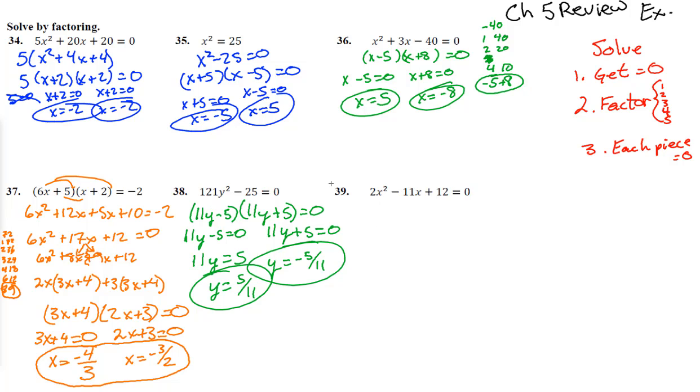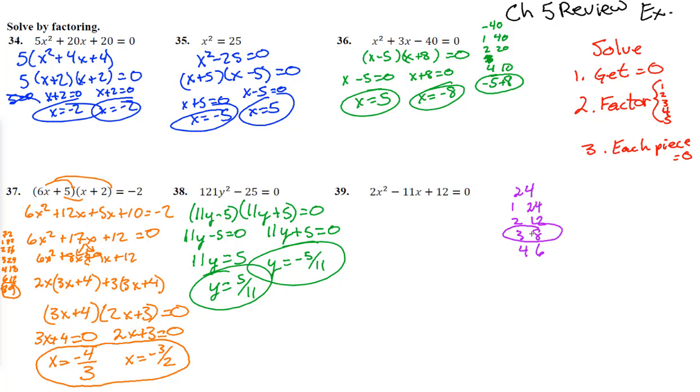And now the last one, 39. All right, is it equal to 0? Yes, it is. So let's factor it and get those individual pieces. Leading coefficient is not equal to 1, so 2 times 12 is a 24. Positive 24, so 1 and 24 will times to that. 2 and 12, 3 and 8, 4 and 6. And which of these add up to -11?